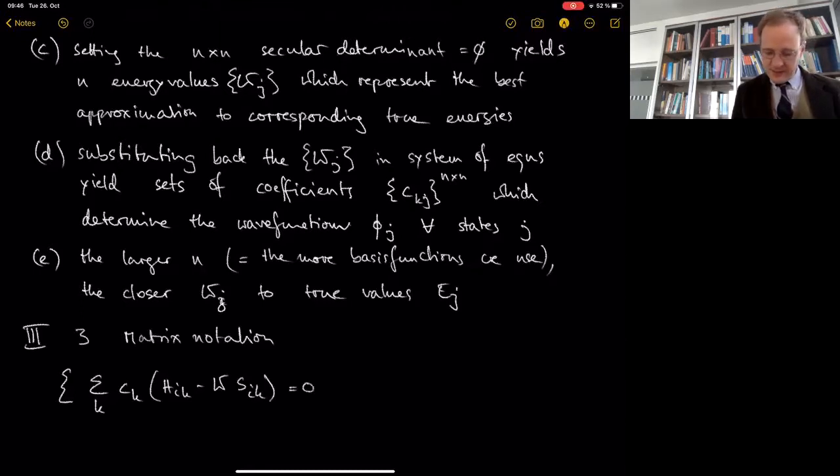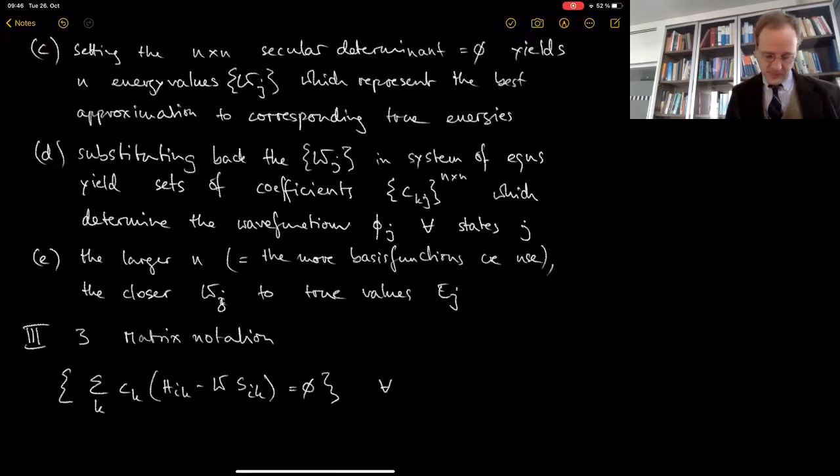This sum has to be 0. And so this is for all i equals 1 till n, right?